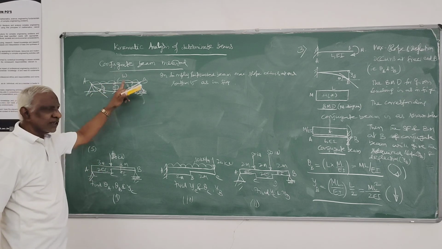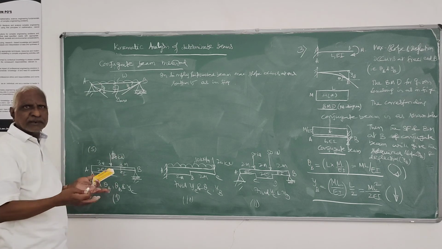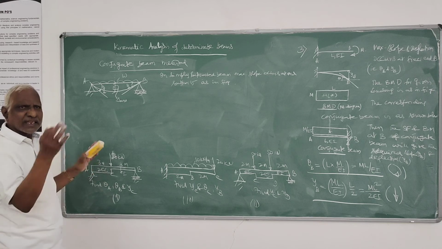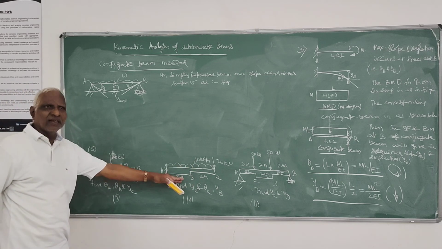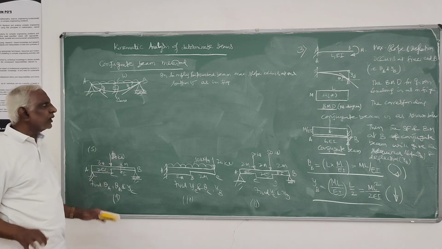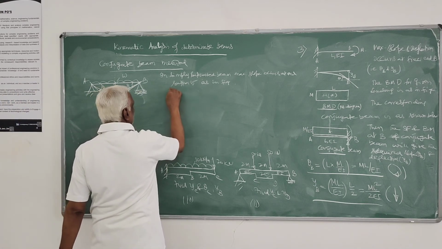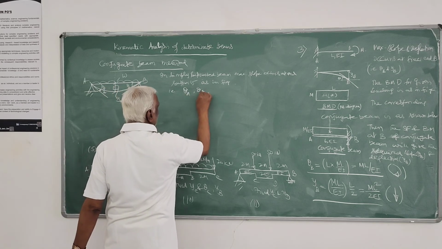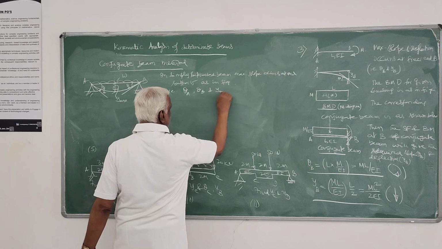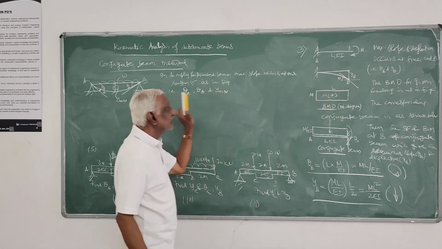Otherwise, if you have concentrated loads, you can expect deflection under the heavier concentrated load. That's all. Or they themselves will give it in the problem, as I have told here, find at C, like that. So at that point, you have to find out. Here it is as in the figure, so that is theta A, theta B, and Y max. That's what you have to determine, as I have done in that.